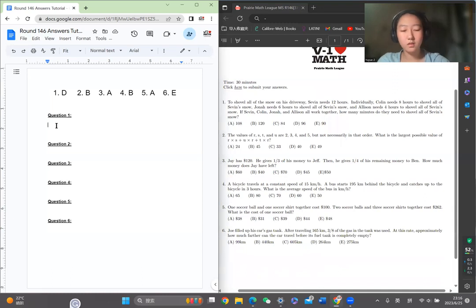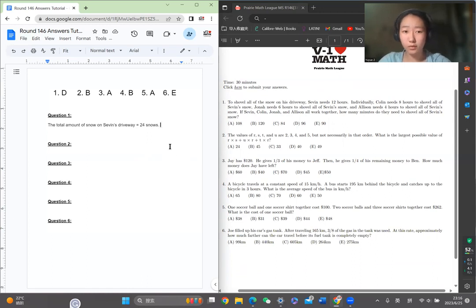To approach this question, I first created a unit. Let's suppose that the total amount of snow on Seven's driveway equals 24 snows. I chose the number 24 because 12, 8, 6, 4 all divide quite well into this number.